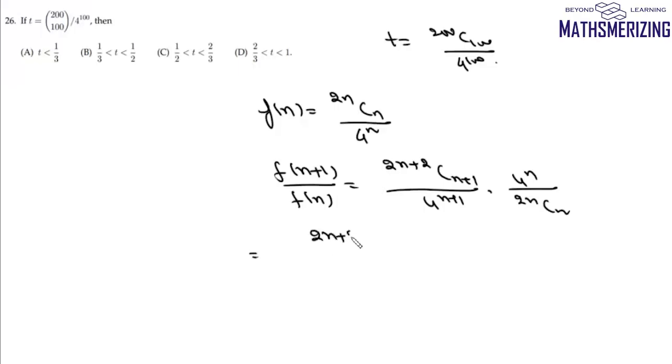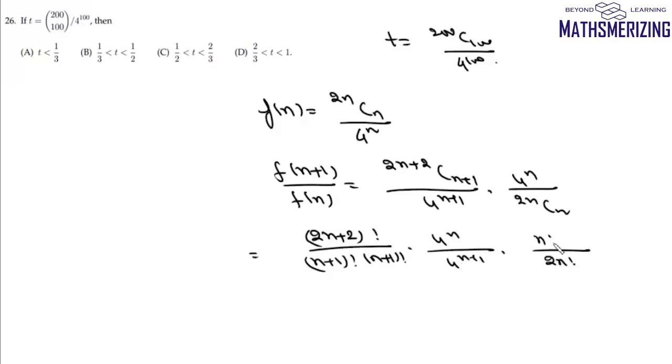We'll write this as (2n+2) factorial upon (n+1) factorial, (n+1) factorial, and then 4 to the power n. Here it will be 4 to the power n+1, factorial 2n, factorial n, factorial n. Now here 4 to the power n will cancel. Now (2n+2)! will be (2n+2)(2n+1) upon (n+1) square upon 4. Now we'll take 2 common, so this 4 will cancel, n+1 will also cancel.